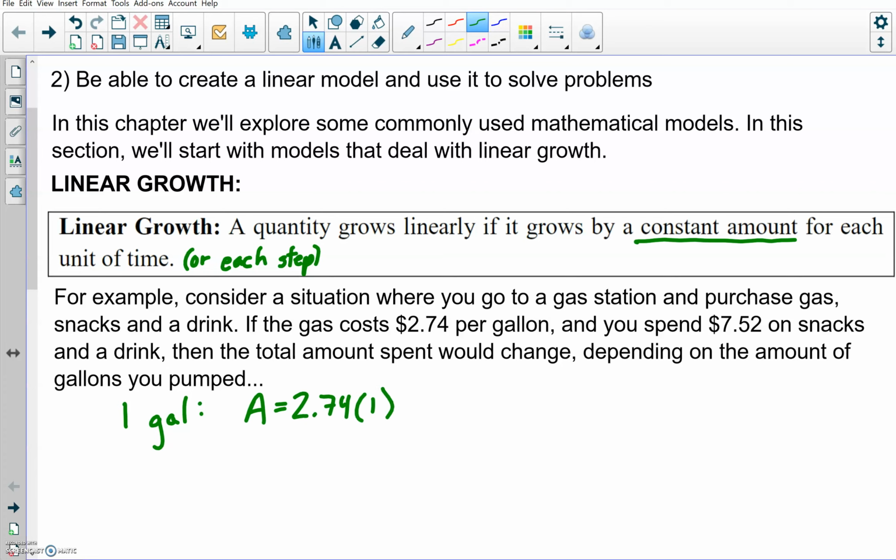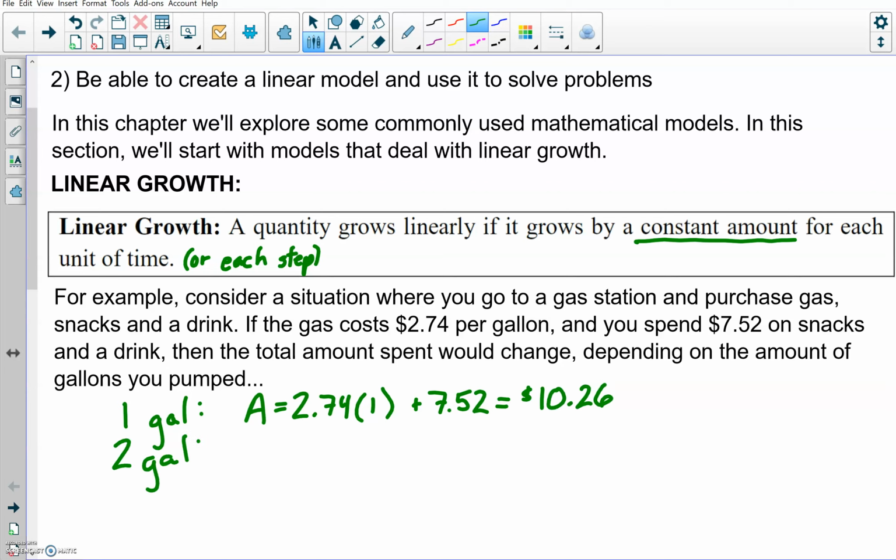You'll see I'm going to change that number as we move down. So that's why I'm writing it explicitly as a 1. But you have 1 gallon at $2.74 per gallon plus your snacks and drink charge. And now you have a total spent on this trip of $10.26.